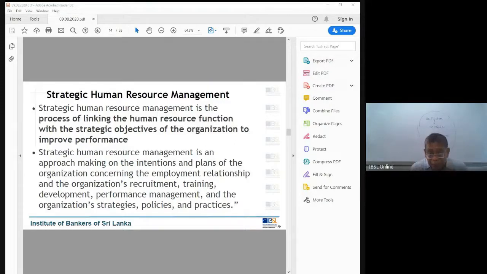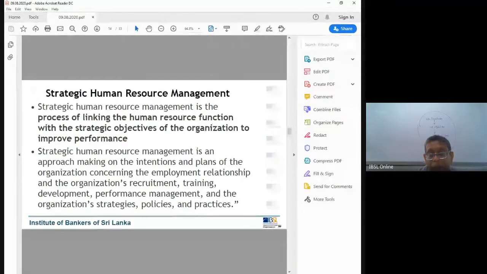Now, it is the duty of the human resource manager to find 50 people from within your organization or maybe outside, and make sure that at the time of opening the branches, you provide proper people there. So that is the strategic aspect of human resource management.